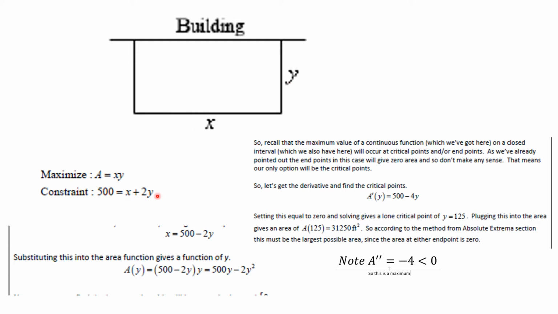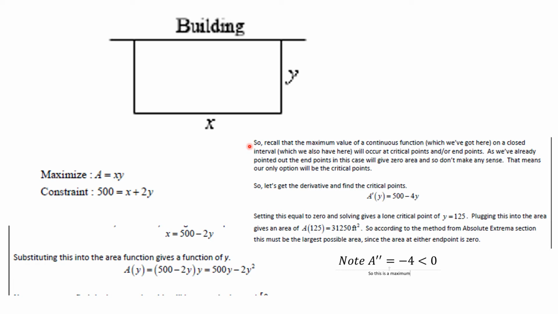And that means we can solve for x in terms of y and get x is 500 minus 2y. So if we substitute this into the area function, we'll find out that we now have a single variable, y, and so the area as a function of y is going to be this product, which could be simplified this way, and it's probably easier when you simplify it this way to take the derivative.